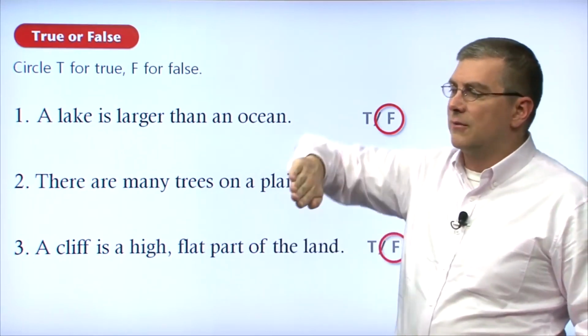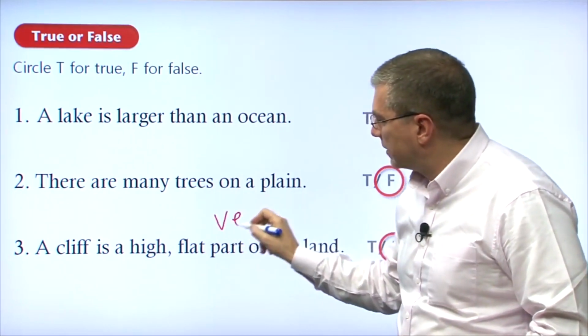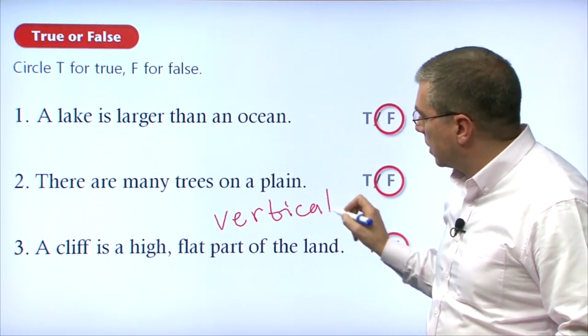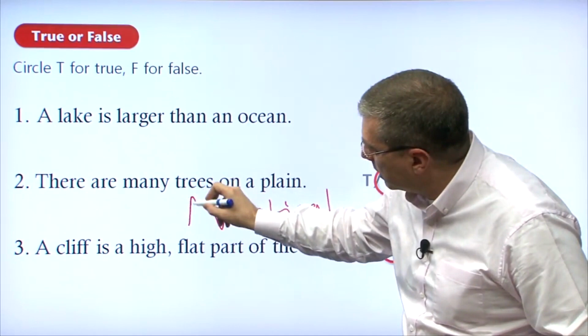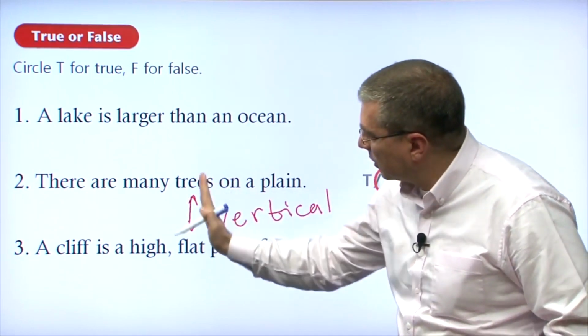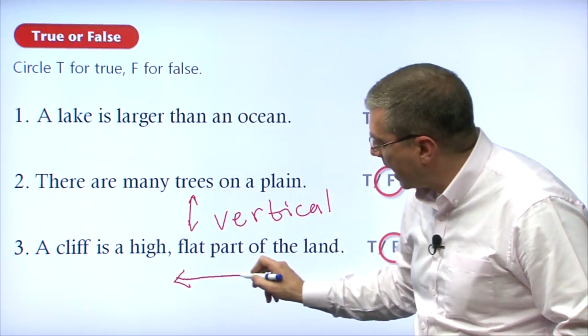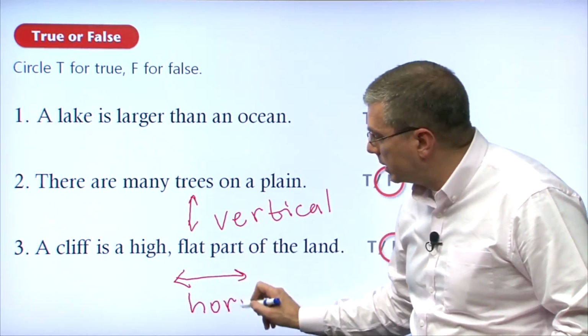Because it's not flat, it's vertical. Okay? Vertical is different from flat. Vertical goes up and down. Here, I'll draw it over here. Up and down. That's vertical. Flat is this way. We can also say flat. There's another word we can use, and that is horizontal.